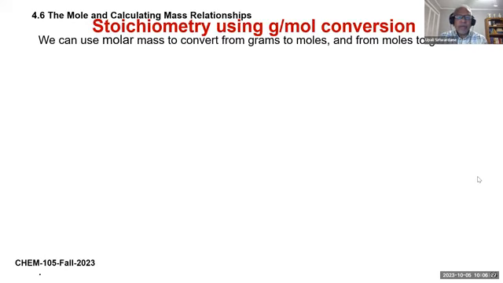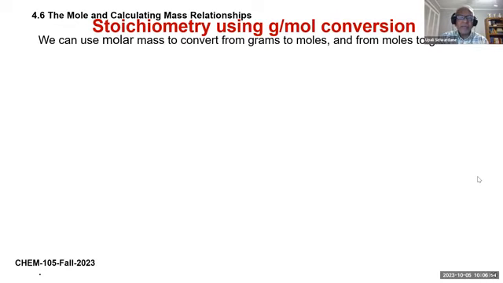We can use molar mass to convert grams to moles, or from moles to grams. The molar mass is the formula weight. We also call that molar mass. Formula weight gives directly how many grams are in 1 mole of substance.